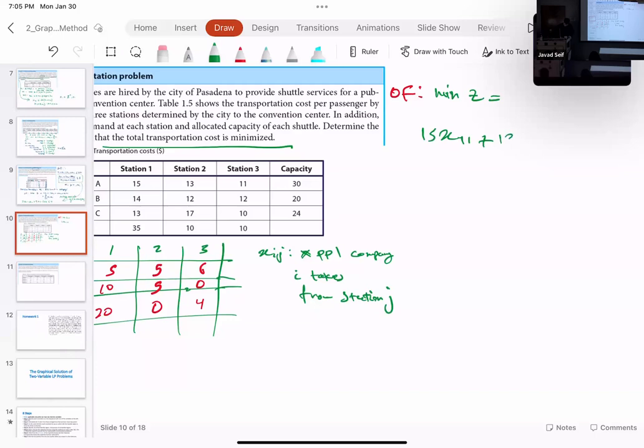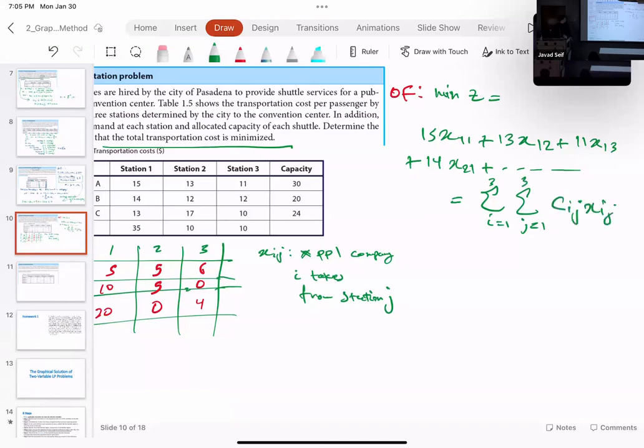Plus 13 X12 plus 11 X13 plus X21 plus and so on. But I'm going to write it as the summation of i goes from 1 to 2, j goes from 1 to 2, Cij Xij.